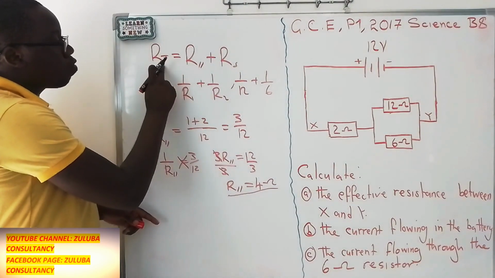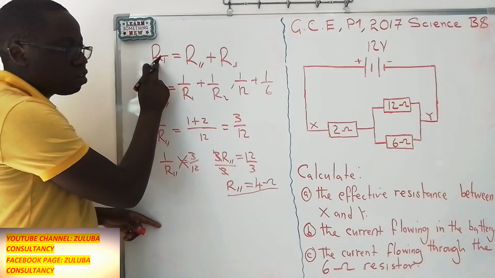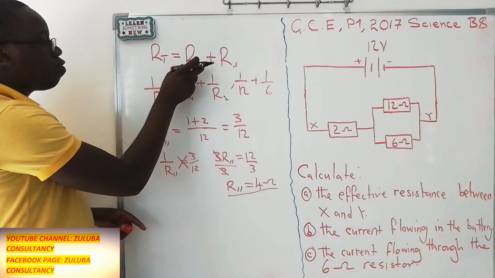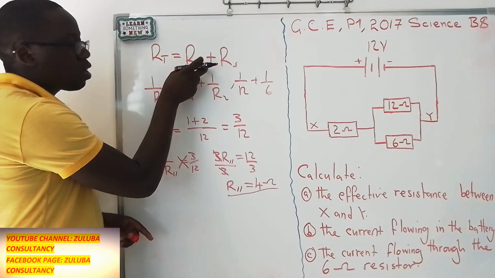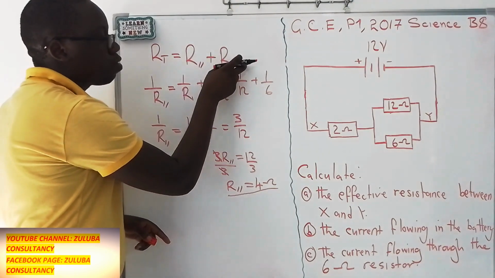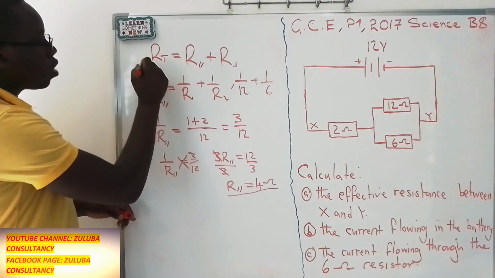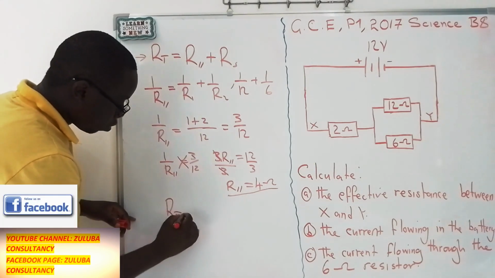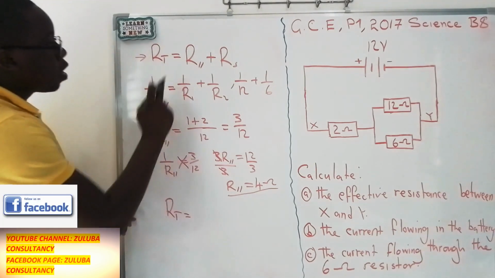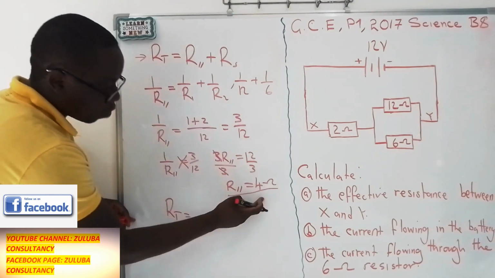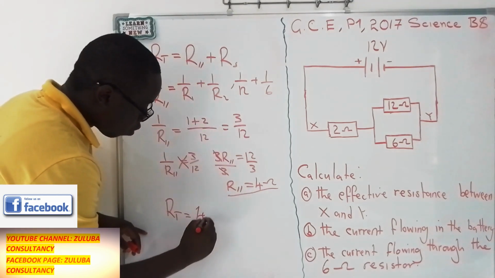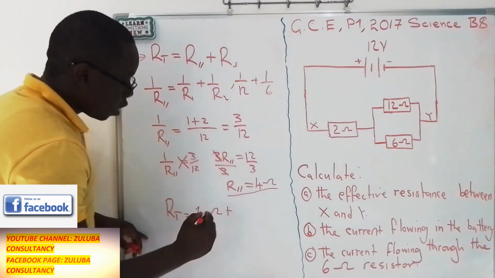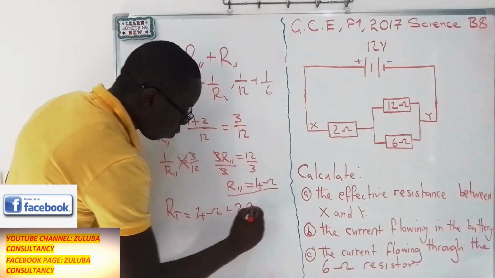Now, remember, we have said the total or the effective resistance between point X and Y is the combination of the resistance from the parallel plus the resistance from the series. So we can go back now to this equation. So the effective resistance is equal to the resistance from the parallel, we have calculated it is 4 ohms, plus the resistance from the series, we have it as 2 ohms.